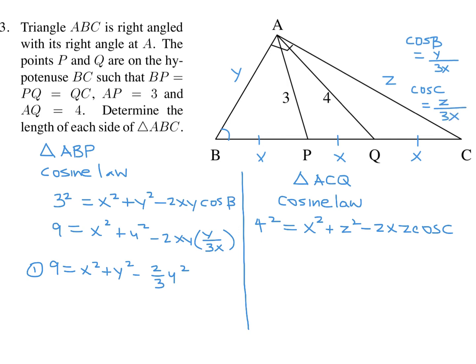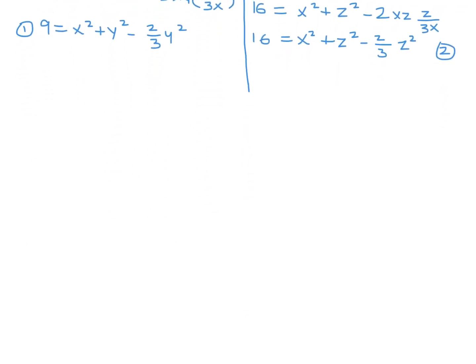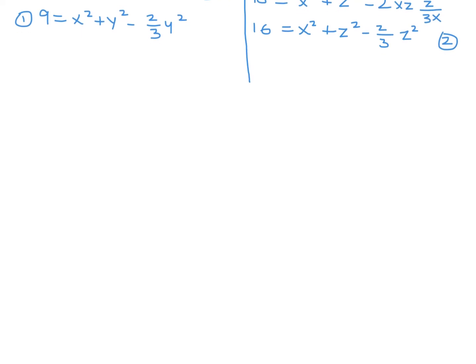You're looking at the big triangle, the big one right there. So this is 16, x squared plus z squared minus 2xz, z over 3x. This is 16 is x squared plus z squared minus 2 over 3 z squared, because the x's cancel. And this is my equation number 2. Okay, pretty good, I think, so far.